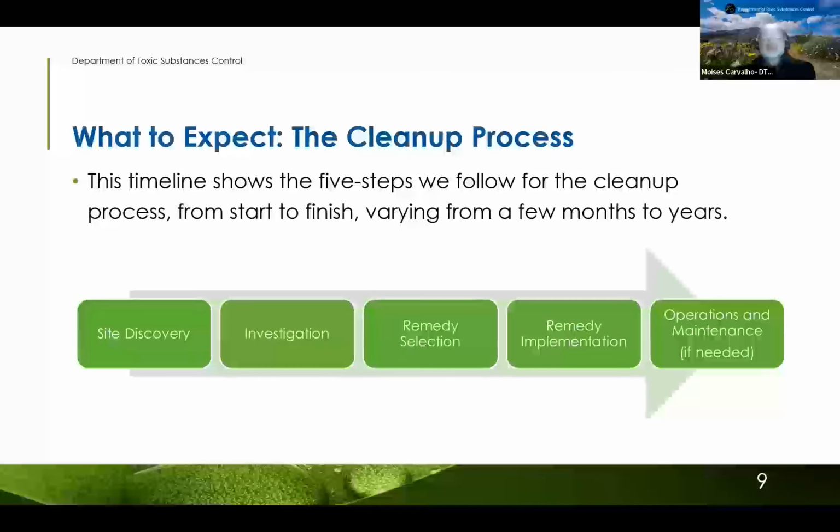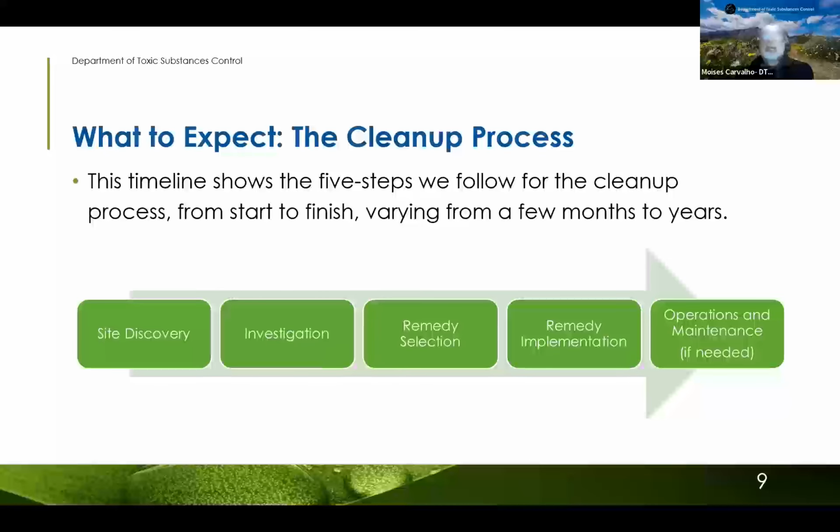This slide shows the five steps we follow for the cleanup process from start to finish. First, site discovery, how we first learn about the site. Then we move to investigation. This is where we collect samples to understand how the contamination has spread. Then we move to remedy selection. This is where we are at right now.